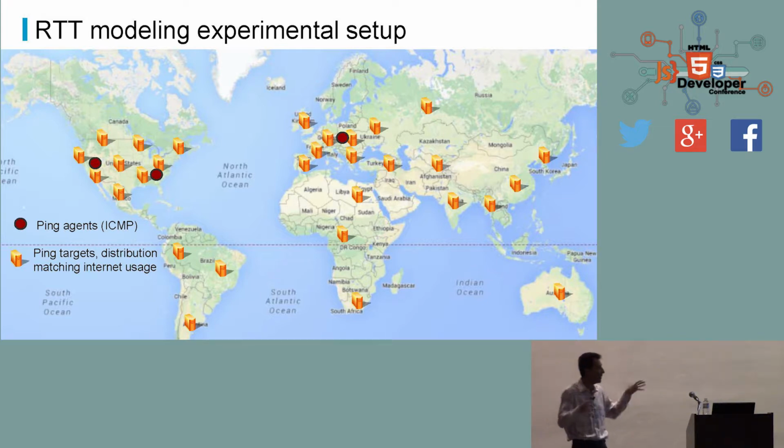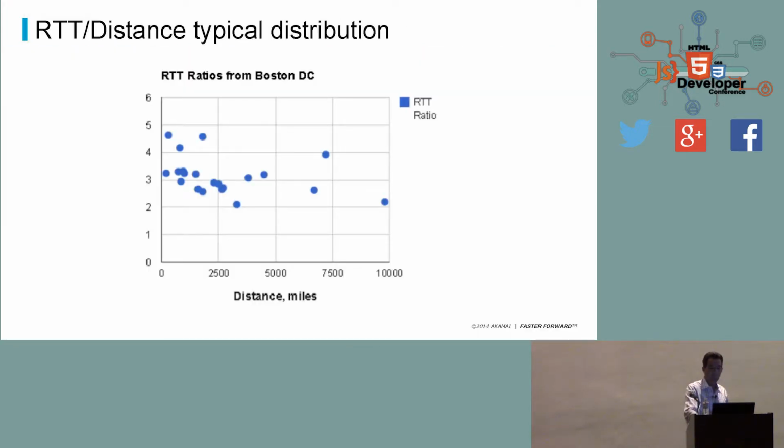Obviously, and I tried in my graph to represent this, you'd have, for instance, a lot more servers in the US as targets than in Australia. So we did all these pings and repeated them over time.